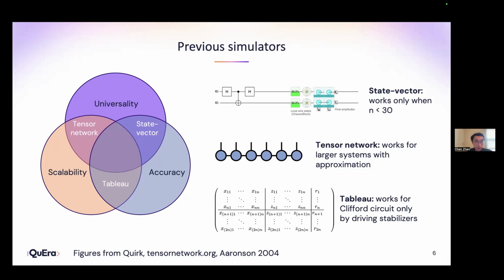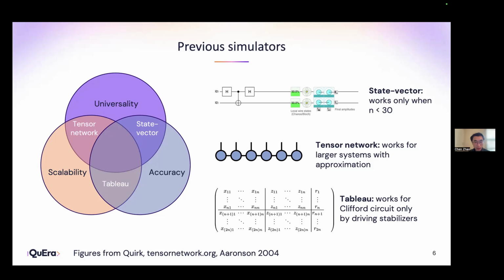This type of simulator is accurate and also scalable, because using the Tableau you can simulate up to 10,000 physical qubits, but it doesn't work for arbitrary circuits. It's not universal because it only supports simulating Clifford and Pauli gates, and in general it doesn't support T.